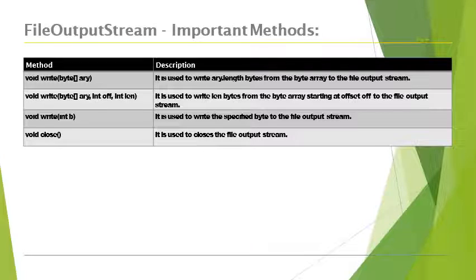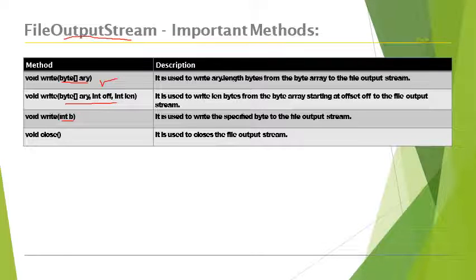Now there are some important methods in FileOutputStream. We have already discussed the OutputStream methods, and it is similar. So here we have void write(), and only the arguments will vary.